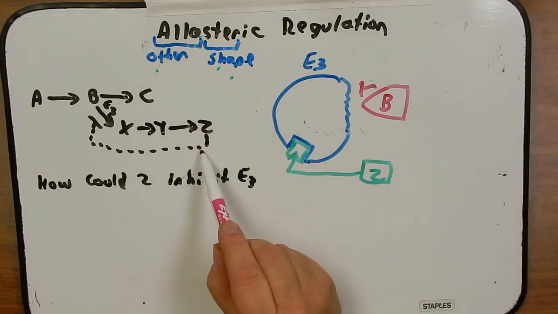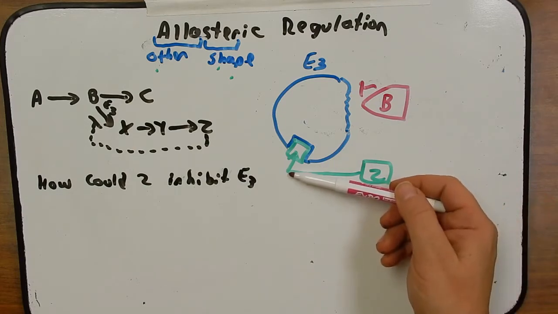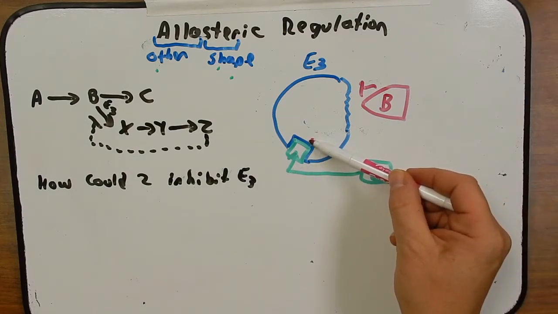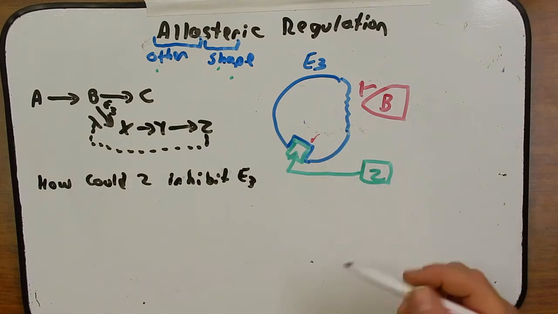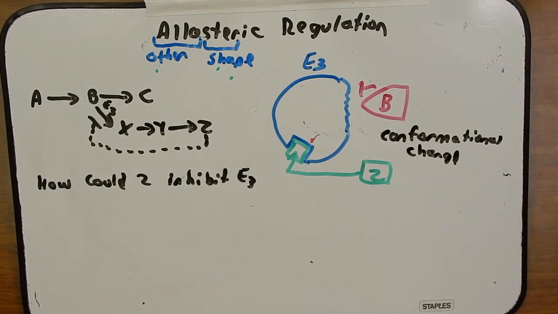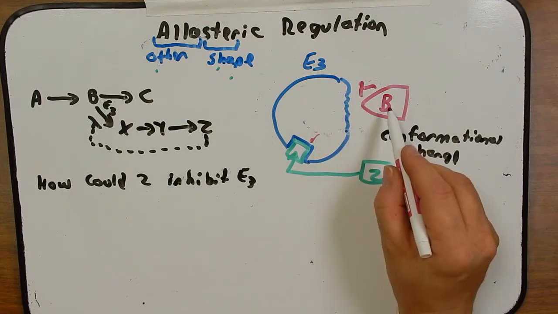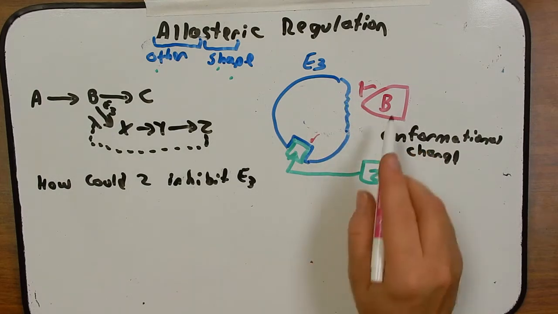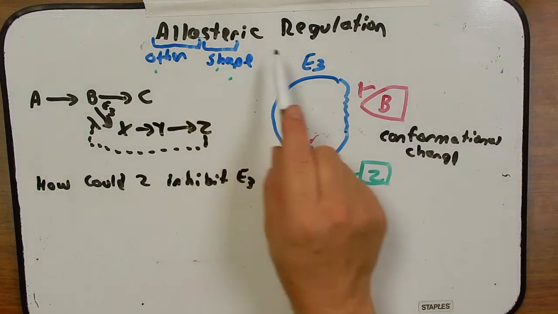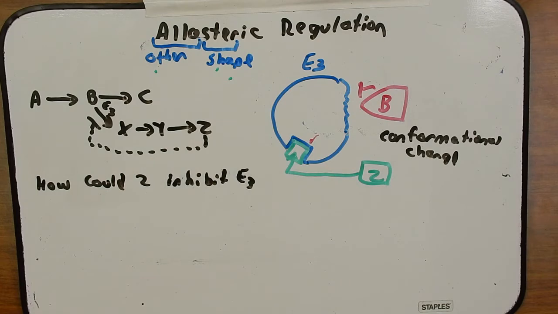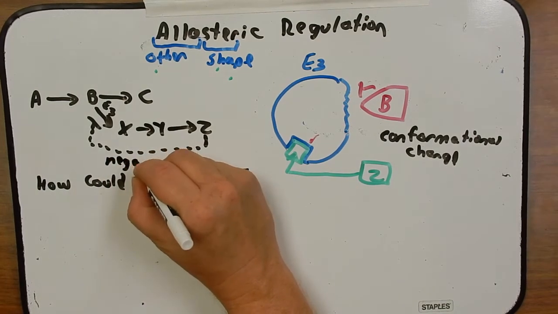So this product here, Z, comes back here, binds to an alternative binding site, changes the shape, makes a conformational change in such a way that the actual active site is no longer accessible to the substrate, in this case B. Now, this kind of regulation, this allosteric regulation, usually results in this negative feedback inhibition.